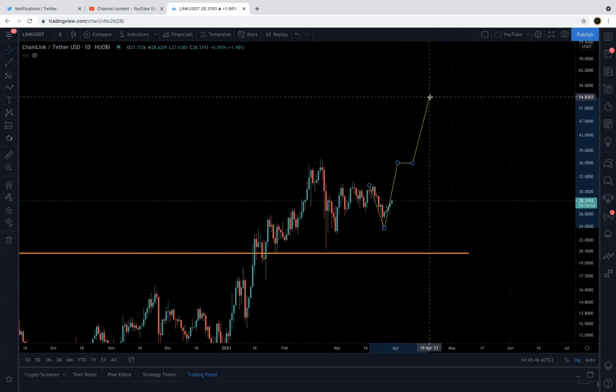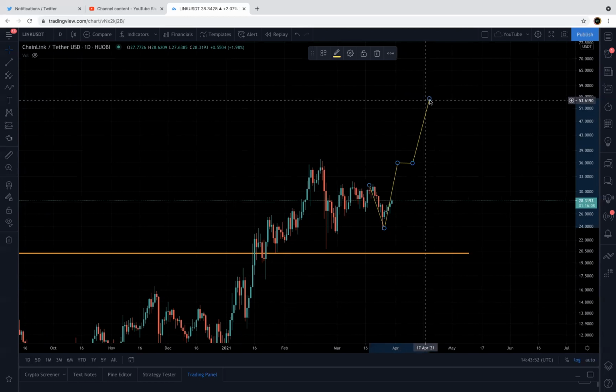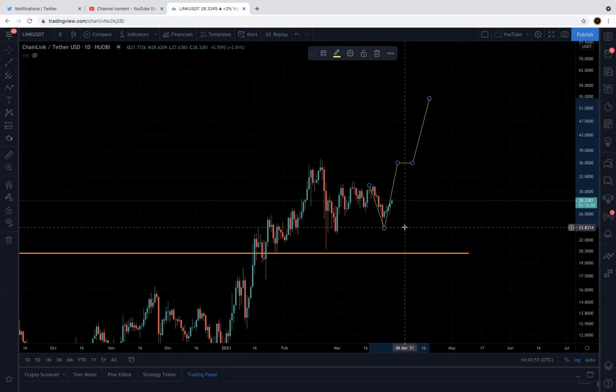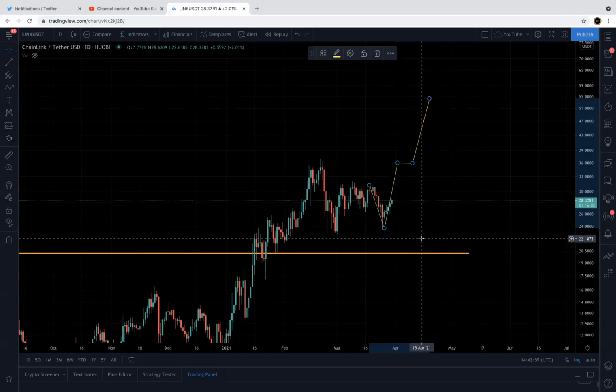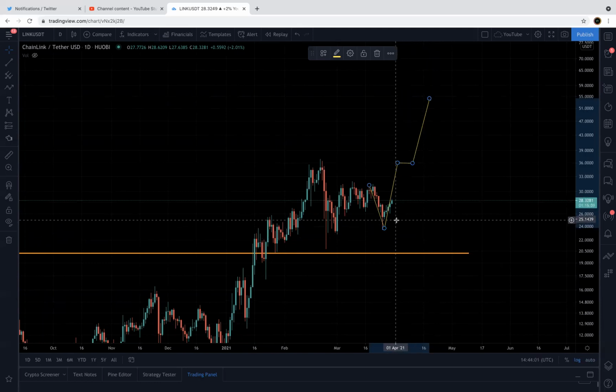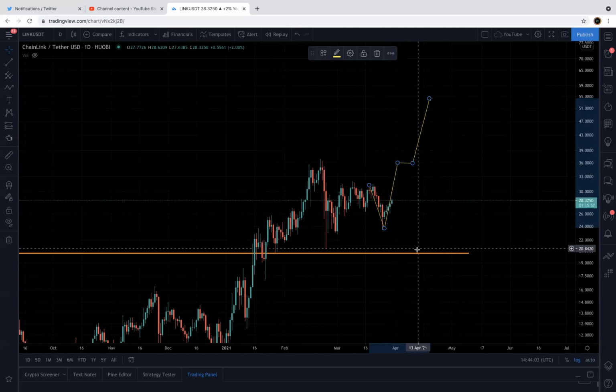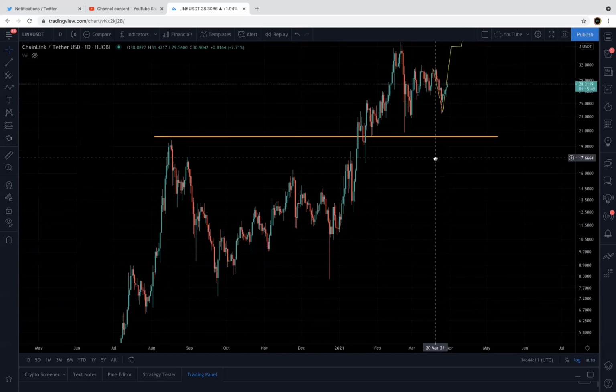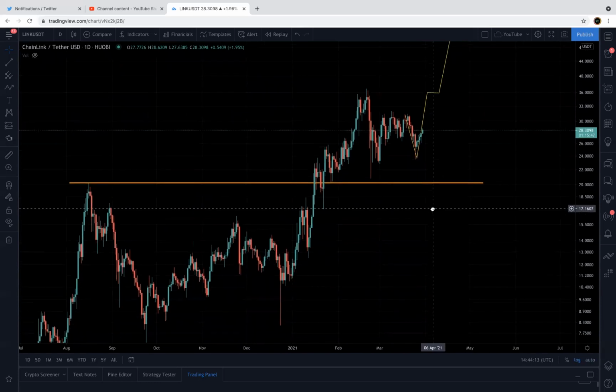As I said, maybe mid-April or April end, we should be able to see LINK near the 50s. The only exception, as I said, is if the overall market corrects. Even in that case, we should see if it can hold the $20 mark. I don't think we should go further down.